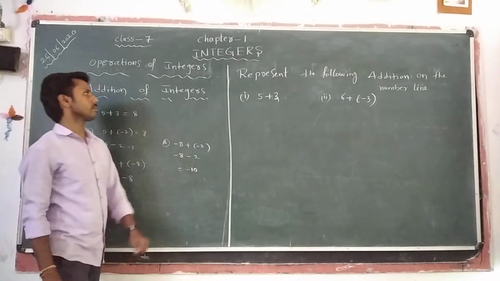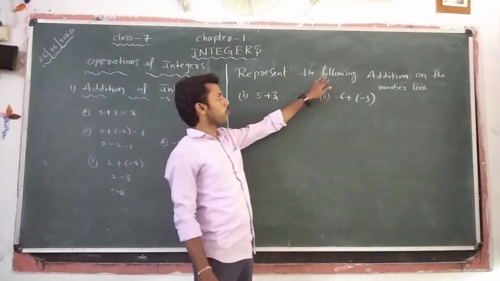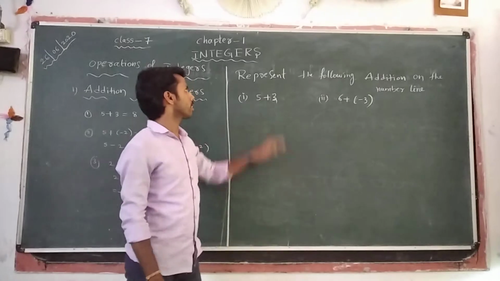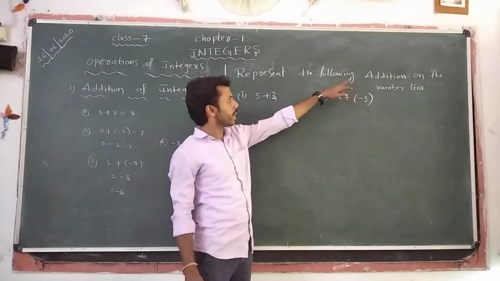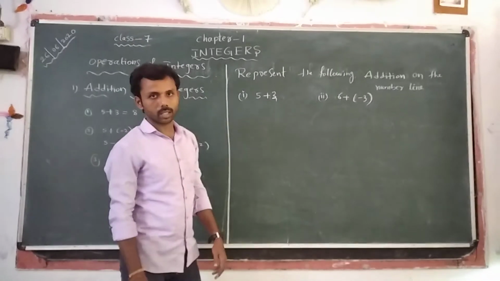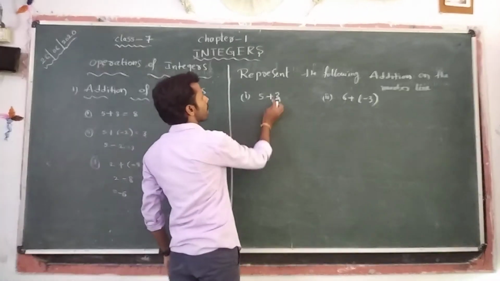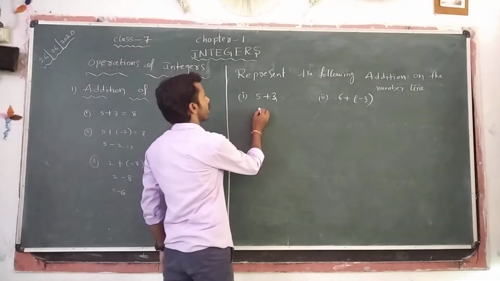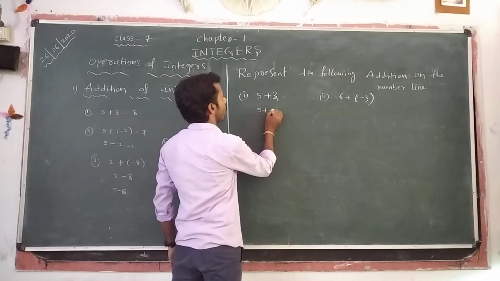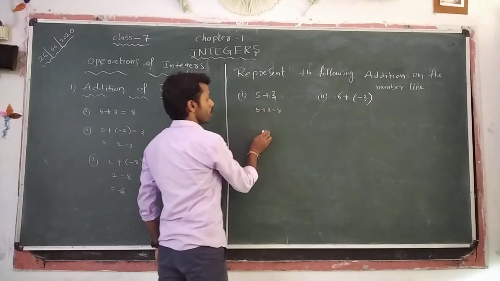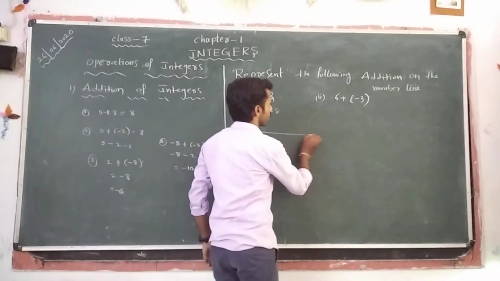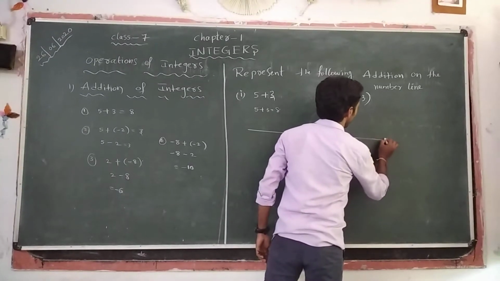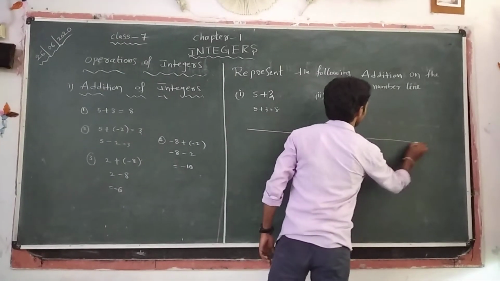Next one: represent the following additions on the number line. Some example, 5 plus 3, which equals 8. On the number line, first draw the number line.